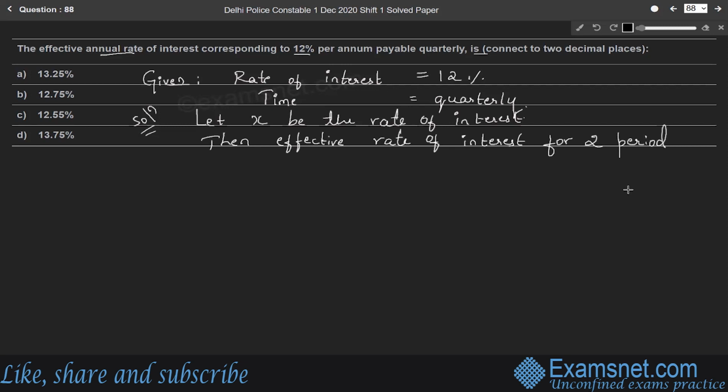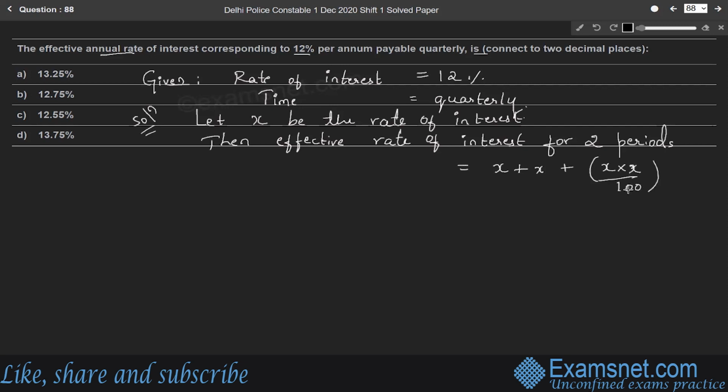That means for first quarterly period and second quarterly period. So if X is the rate of interest, the effective rate of interest for 2 periods will be X plus X into X divided by 100. So this is the general formula.